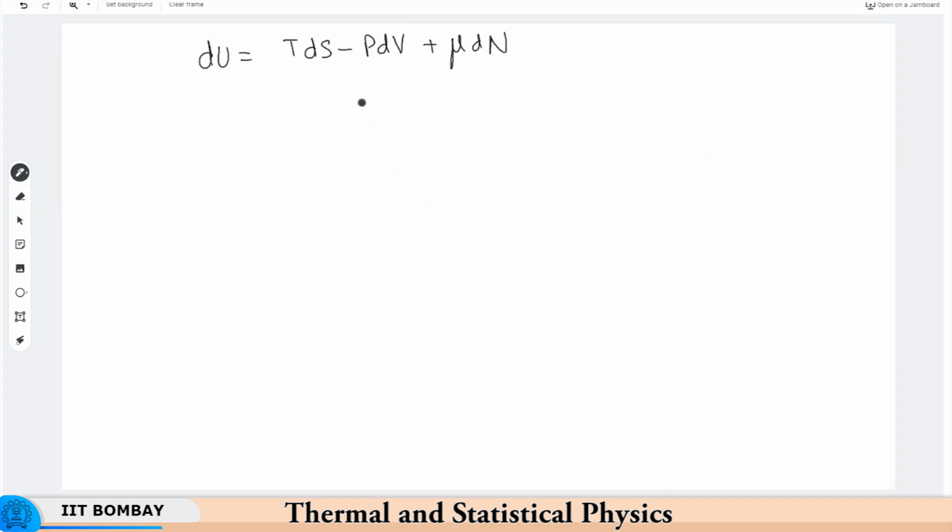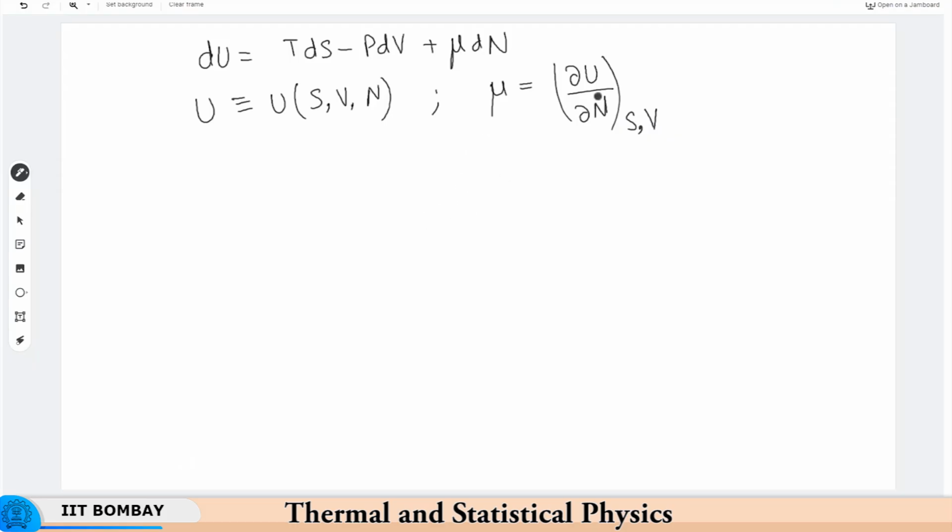And you can see that now the internal energy function becomes a function of three natural variables: the entropy, volume and number of particles. And we can very easily see that in this case the chemical potential just becomes the partial derivative of internal energy with respect to number of particles, while keeping the entropy and the volume of the system constant.